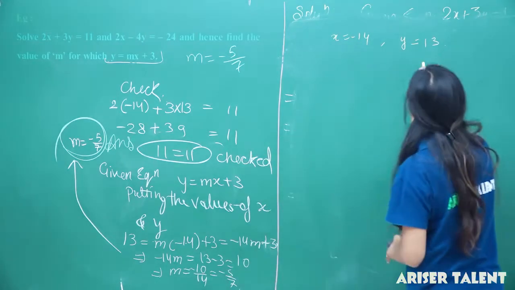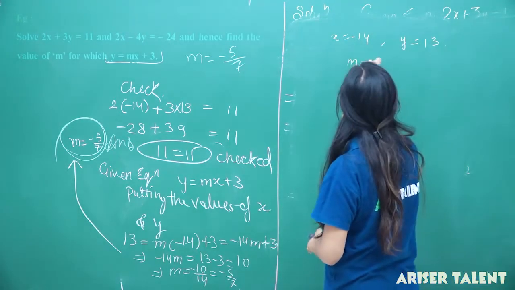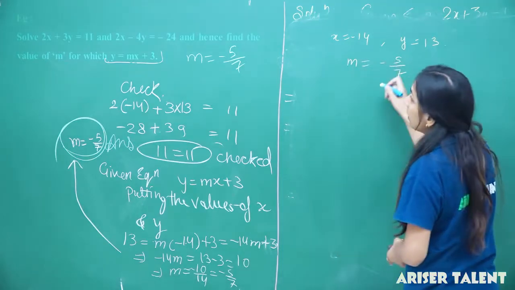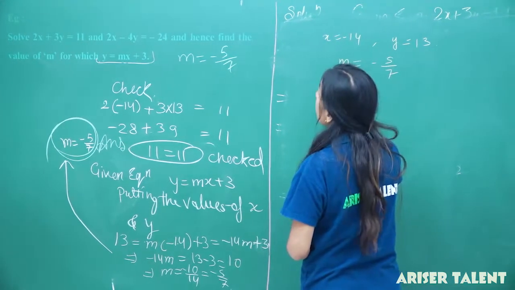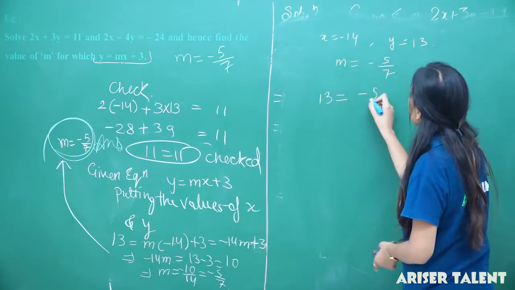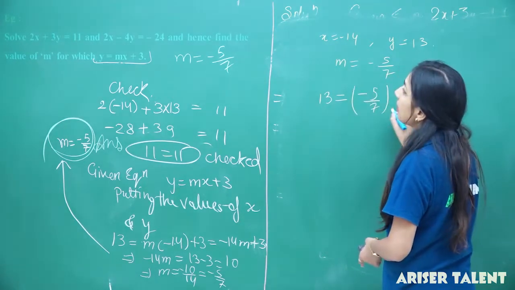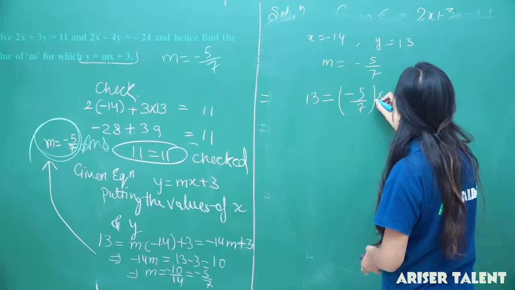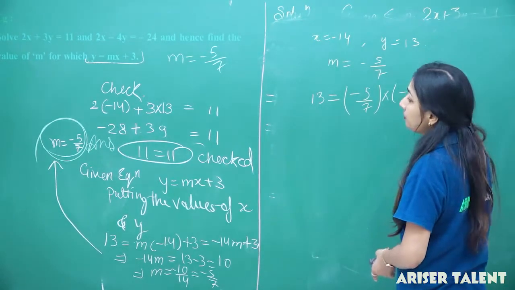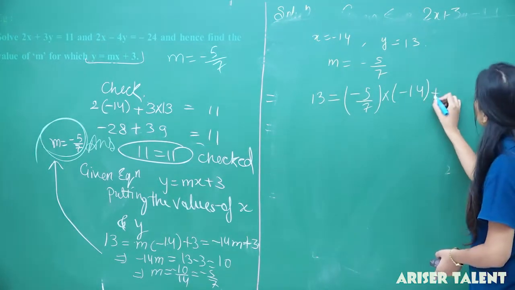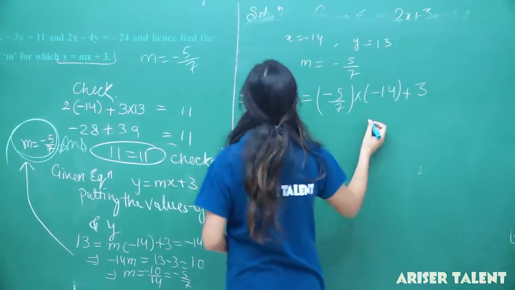So, if I am having these values and m's value is minus 5 by 7, then check with this: 13 should be equals to m, which is minus 5 by 7, multiply by x, this is minus 14, plus 3.